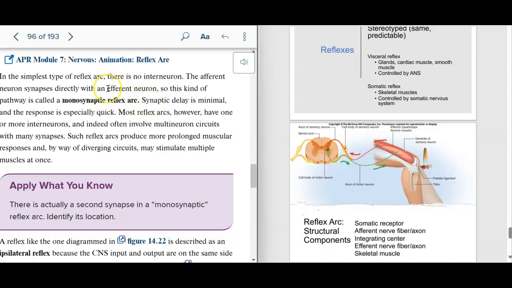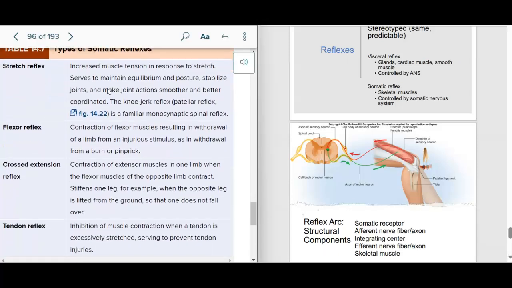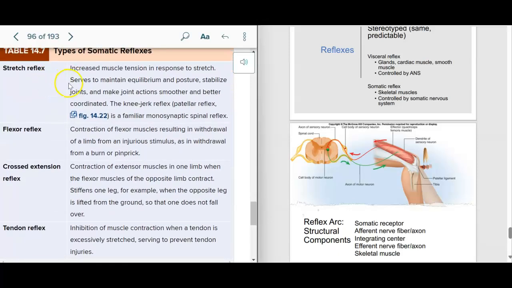So we talked about a monosynaptic reflex, and these are the different types of reflexes. Stretch reflex, just like it sounds, is what the knee jerk is. When the doctor hits you on the knee, it stretches part of the muscle tendon faster than what we would normally expect. That's the body's way of protecting the knee by straightening it, because the signal is, ooh, I got stretched too fast, I need to make a movement change to protect that muscle.